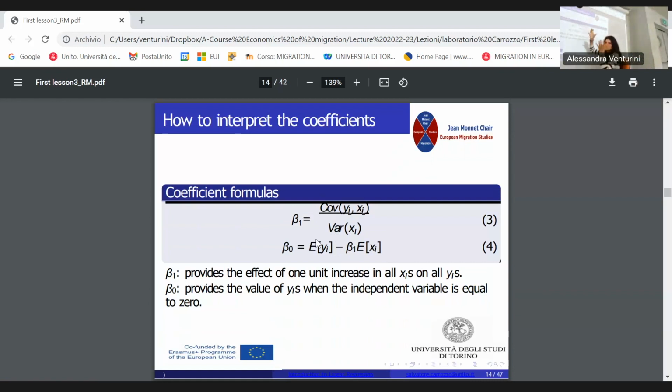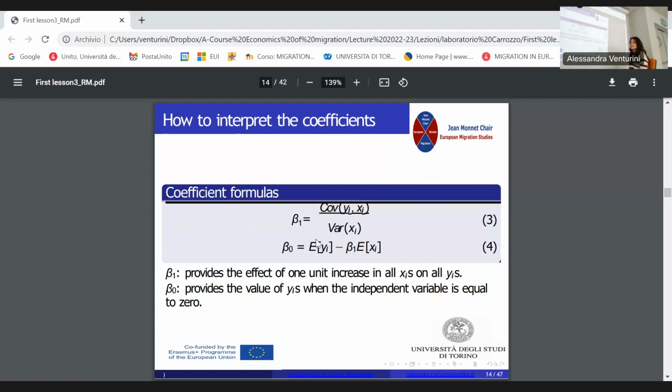So beta 0, this is the intercept, is the difference between the expected value of y i minus the coefficient that multiplies the expected value of x. Expected value, let us say the average.